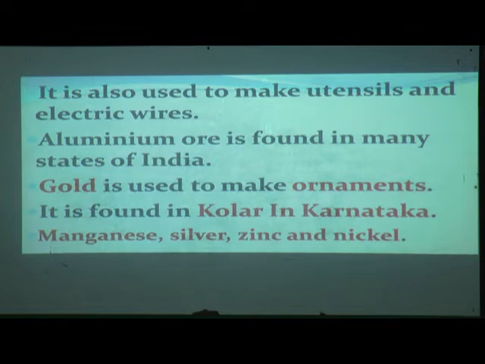Gold is used to make ornaments, jewelry. Where can we find gold? We can find gold in Kolar in Karnataka, and also manganese, silver, zinc and nickel.